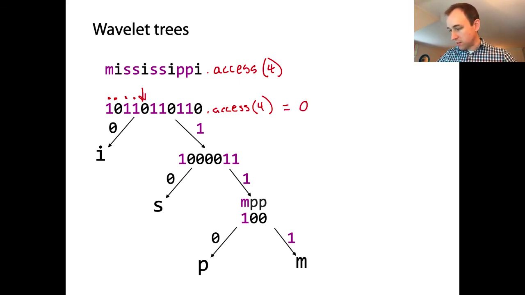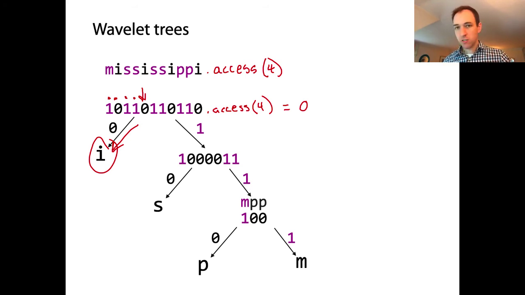That tells us to descend into the left child. And this time, we're done, right? Because it so happened that we were asking for the character at offset 4, and that character was I, and the Huffman tree put I in the very first split. So we could absolutely do it this way, too. The tree can have a different shape. A good example of a shape you might want to give it would be a Huffman shape.